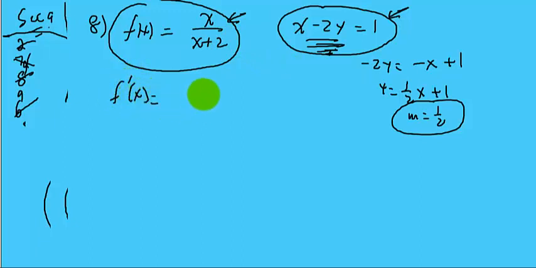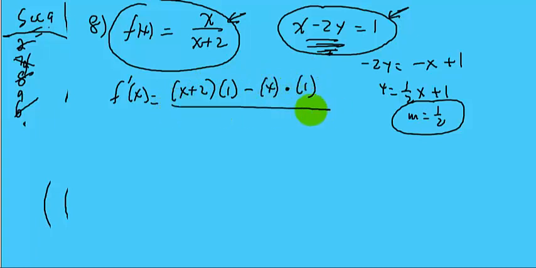Derivative. What rule do I have to use to find the derivative of this curve? Quotient rule. Denominator, which is x plus 2, times the derivative of the numerator, minus the numerator times the derivative of the denominator, all over the denominator squared. We do need to simplify this.